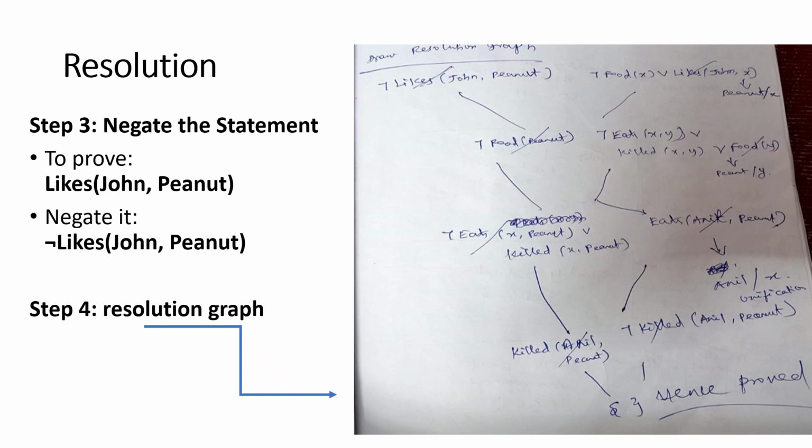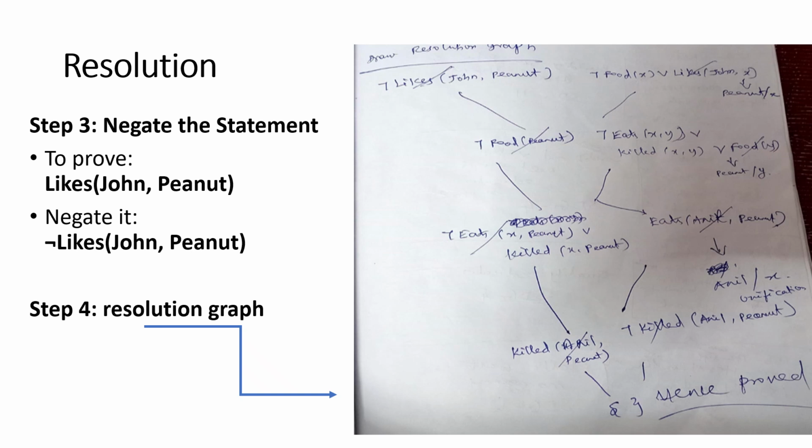So for example, we'll be taking the first statement: negation of likes comma John comma peanut, and the other is negation of food of X union likes of John comma X. So we are just going to apply the unification concept. Unification means that we replace the theta wherever the value is available. So the peanut can be replaced with X.